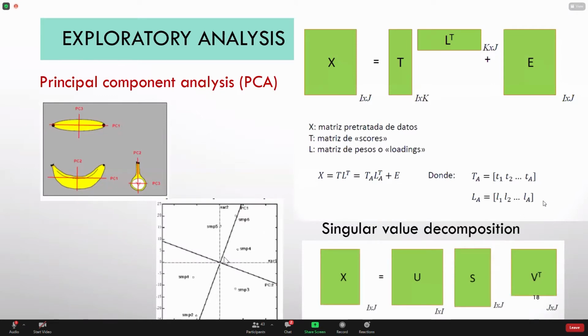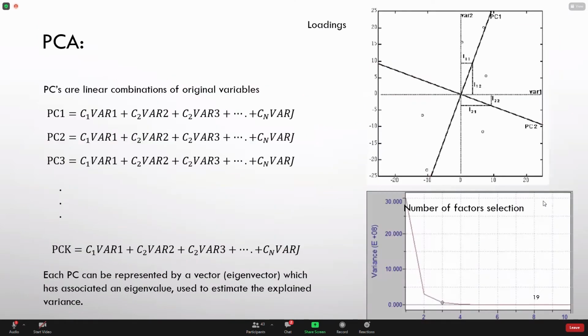So this is my sample in the new plane. This is the coordinate PC1 and PC2, and I want to measure this distance regarding PC1 or, regarding sample 4, for example, regarding PC2, and this value will be here in the scores matrix, okay? And it gives me information about the samples.